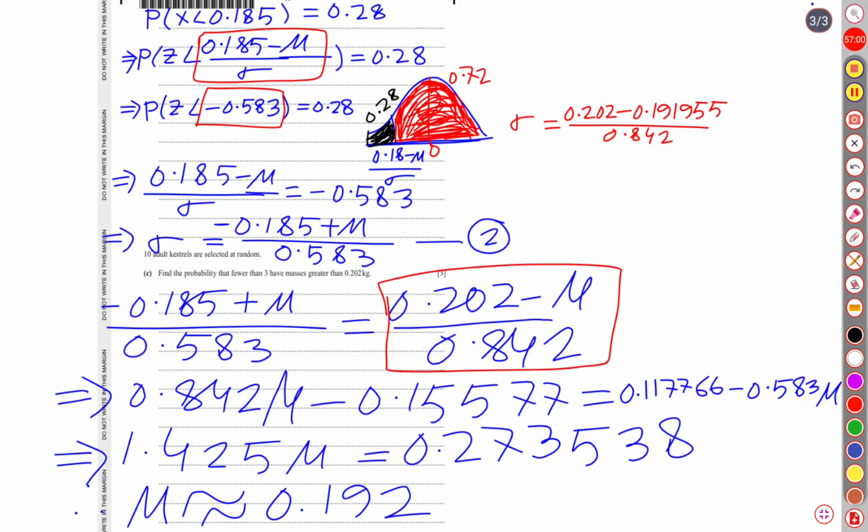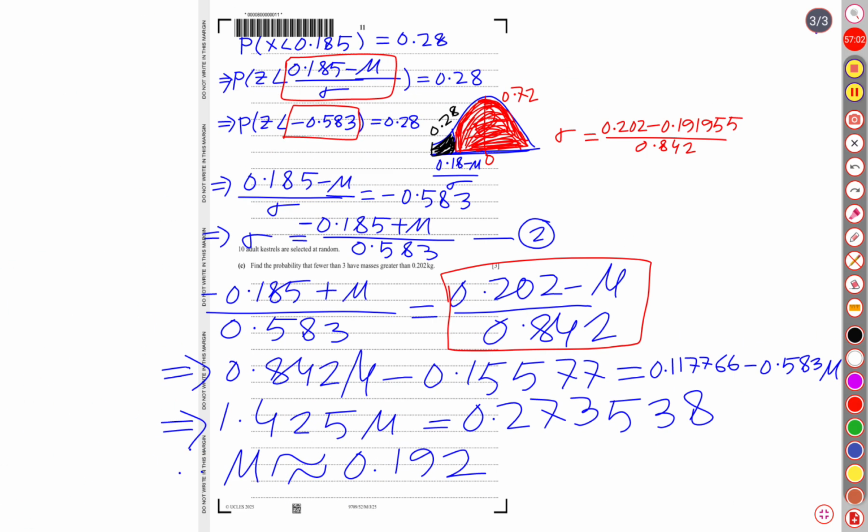Hence our sigma, or standard deviation, is going to be 0.119 if we round it up to three significant figures. Okay, this is the approximated value.